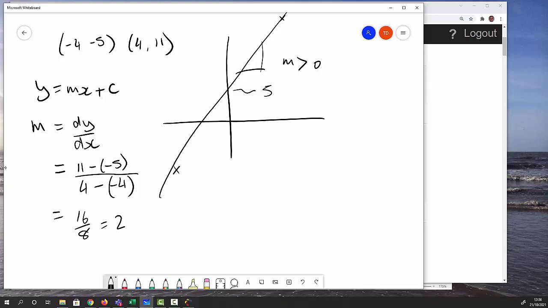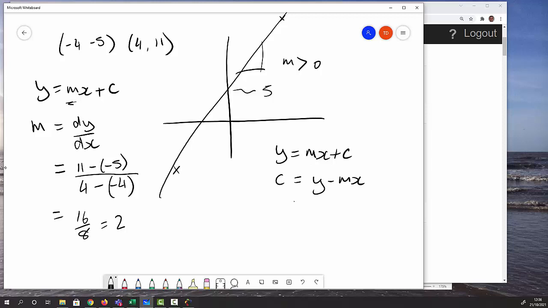So we've now got the gradient, but we now need to find the y-intercept. So let's just remind ourselves, y is equal to mx plus c. So that means that c is equal to y minus mx. Okay, I've just swapped it round, so I've moved the mx onto the same side as the y, and then I've put the c like that.